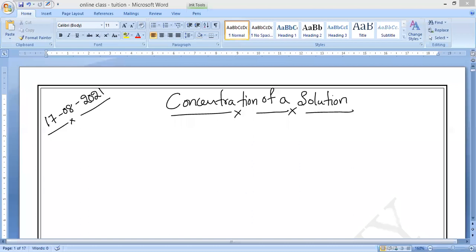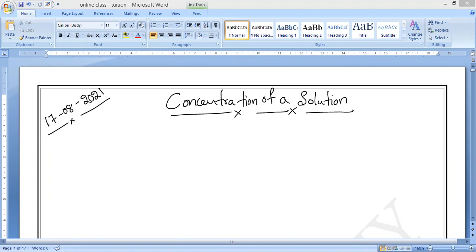Then we can say a small amount of solute is said to be low concentration, and where more solute is dissolved, that is called high concentration. Is it yes or no?